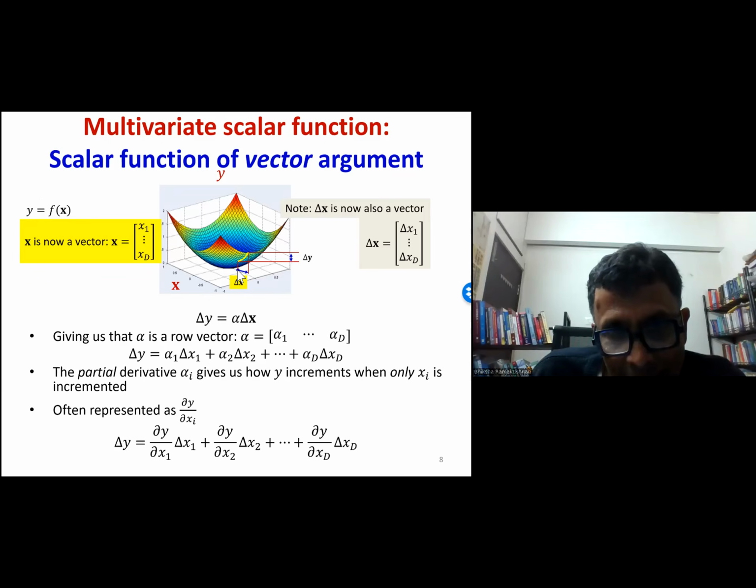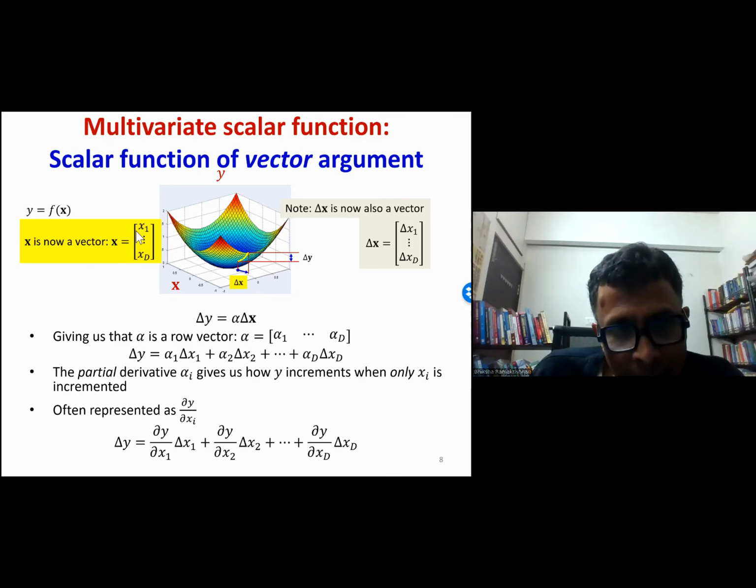If I increment x a small bit by some delta x, this is going to result in an increment in the output, delta y. And so the linear multiplicative factor that multiplies delta x to give you delta y, that is the derivative. And so here too, you can write delta y equals alpha times delta of x, where alpha is the derivative.